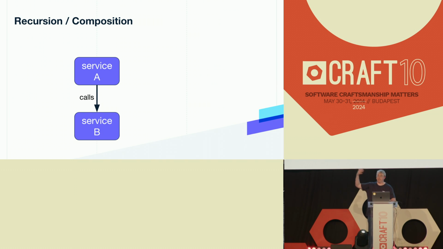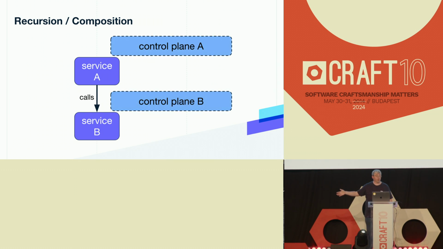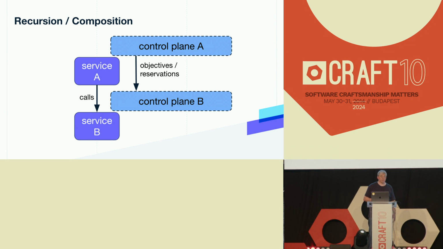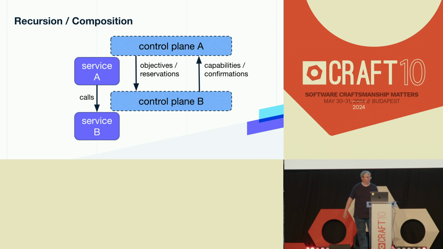So if I have service A that calls service B, they can each have their own control plane, and those control planes can communicate, right? So the control plane can say, here is actually the type of service that I want you to be able to provide to me, right? Sort of making a reservation for a certain amount of throughput or a certain latency profile or something like that. And then the control plane for B can respond and say, here are the things that I can currently do.